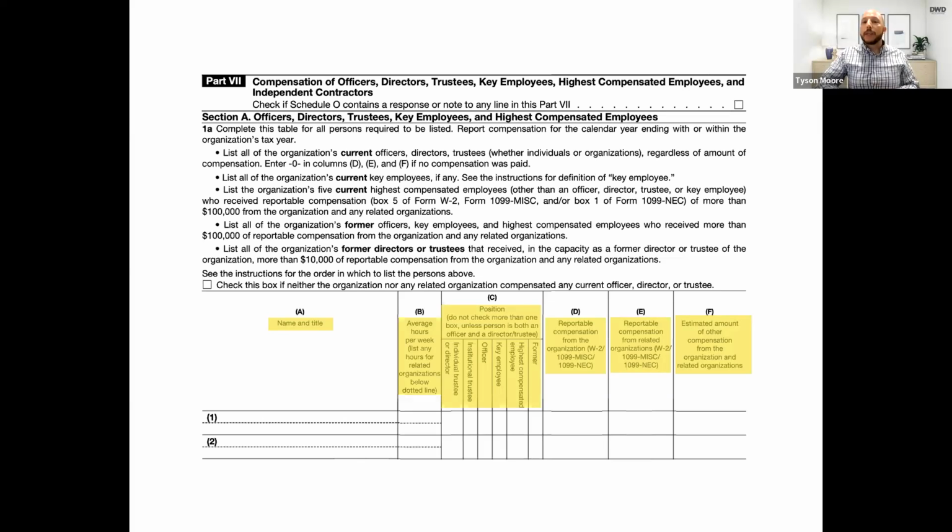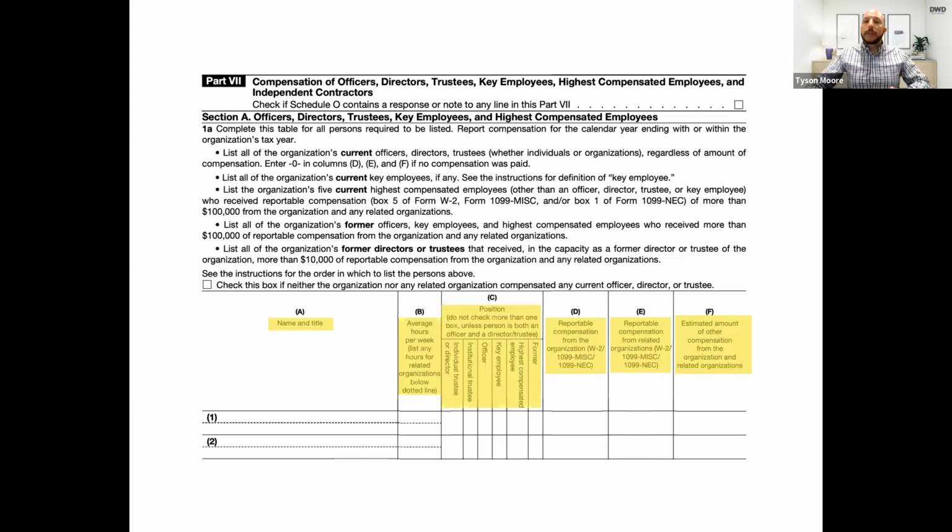Now the key employee and the highest compensated employee, those actually have a dollar amount attached to them. I believe it's $100,000. So you may have somebody like, for example, your CEO or your executive director listed here. They may be the highest compensated employee, but that box might not be checked if you're not paid over the set dollar amount the IRS is asking for.